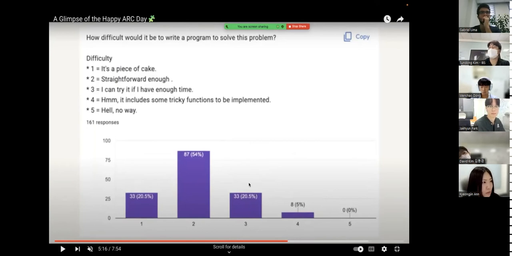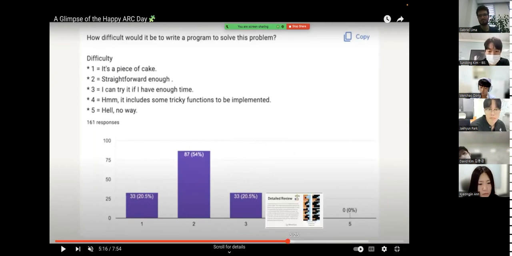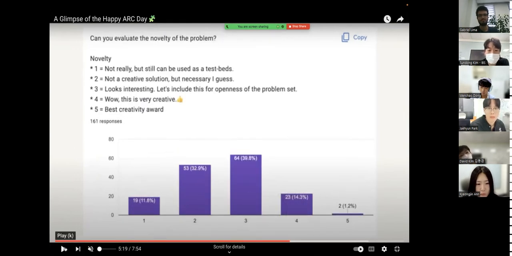And developing an intelligence that generalizes to every problem is even more difficult. And this is the distribution of how people think about the creativeness of each problem. You can see that even though the examples are easy, they feel they are very creative in terms of the openness of the problem set.